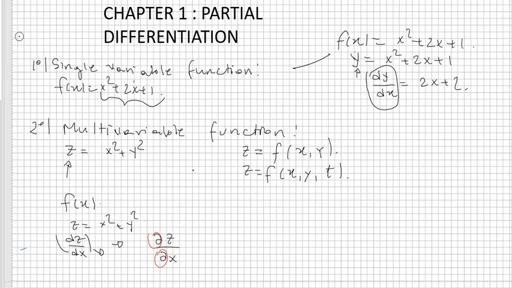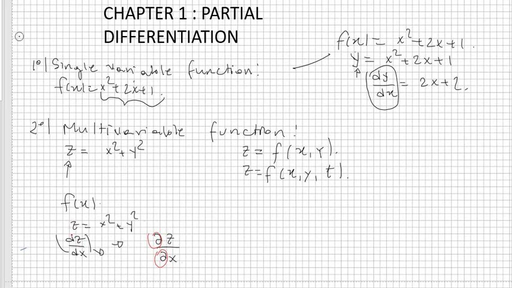So that's the difference. I'm sure you understand the difference between single variable functions, which are the functions that you've been applying in N5, N4, and so on. Now in N6 we have multivariable functions, which are made of two or more variables. The notation of derivation of a multivariable function is different.